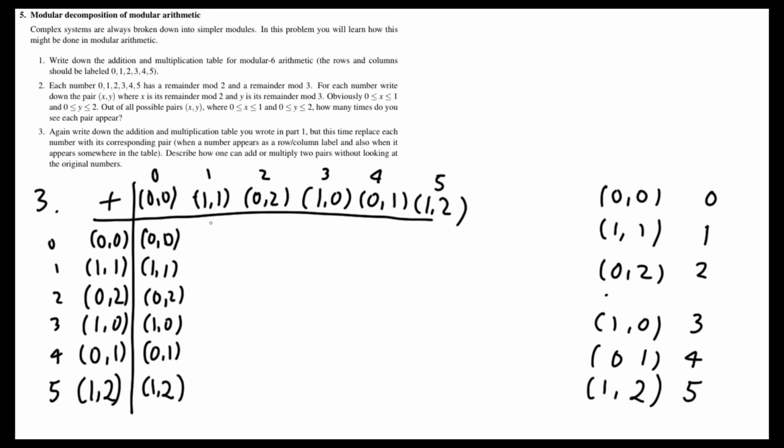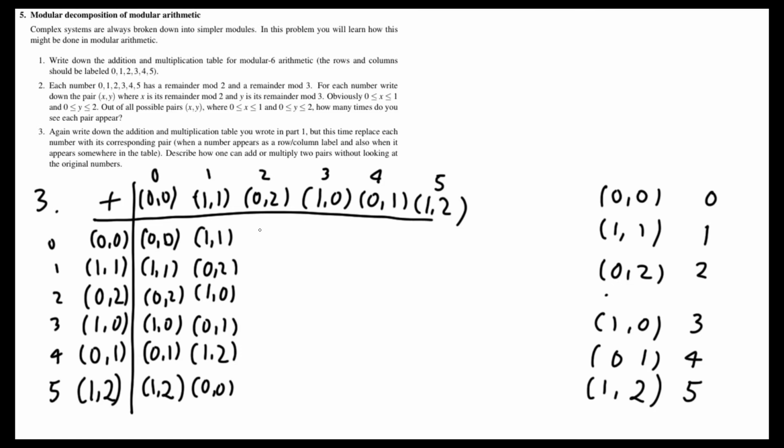Then the 1 row is an offset, so 0 plus 1 just gives you 1, which is the pair 1, 1. 1 plus 1 gives you 2, which is 0, 2. 1 plus 2 gives you 3, which is 1, 0. 1 plus 3 gives you 4, which is 0, 1. 1 plus 4 gives you 5, which is 1, 2. And 1 plus 5 gives you 0, which is 0, 0.